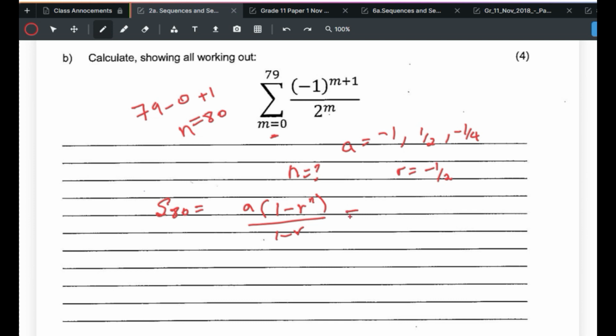Both of them work. So here a is negative 1, and 1 minus r is negative half, and to the power of 80 over, that's a horrible line, but bear with me, over 1 minus minus 1 over 2. Put all that in your calculator. What does that give you? Where's my calculator?